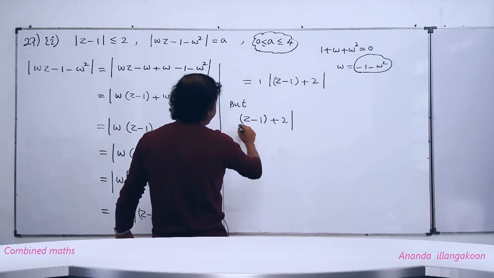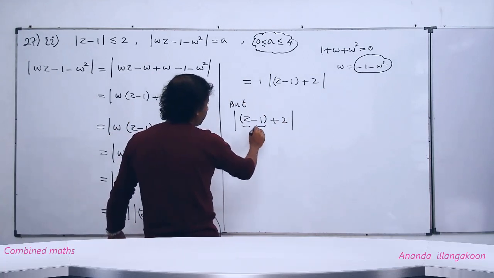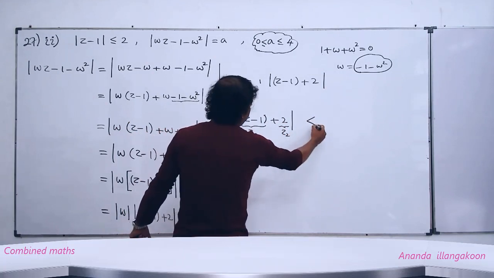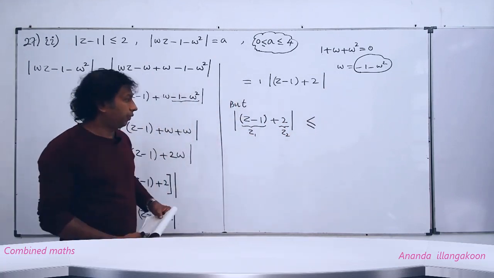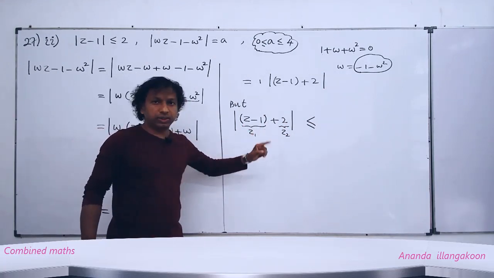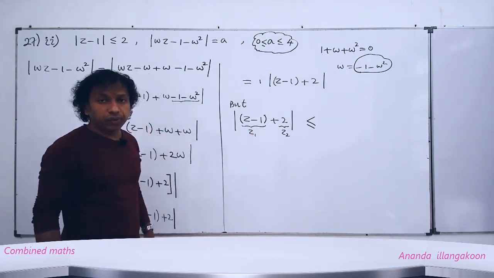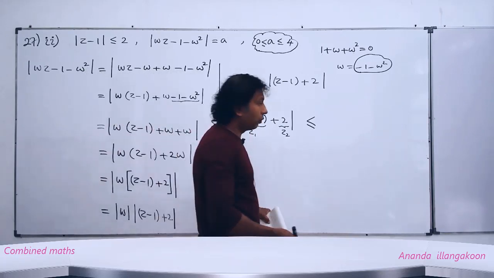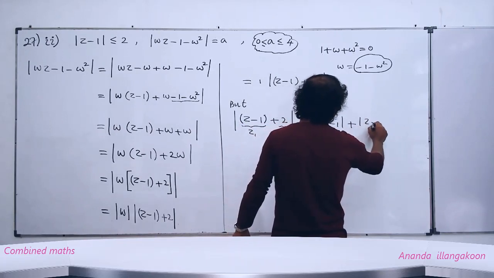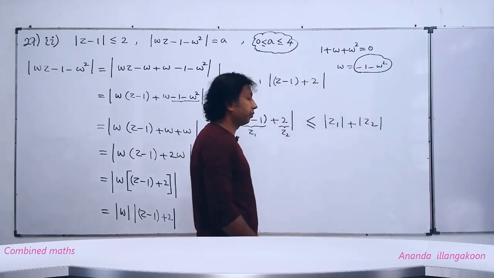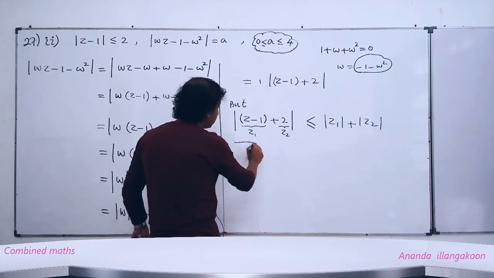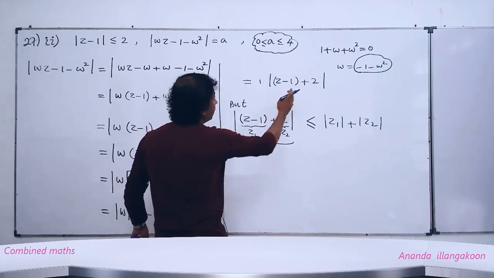When you consider this as your complex number z1 and this as your z2, then the modulus of the sum of two complex numbers is less than or equal to the sum of the moduli of the complex numbers. We proved this, no? We know this.